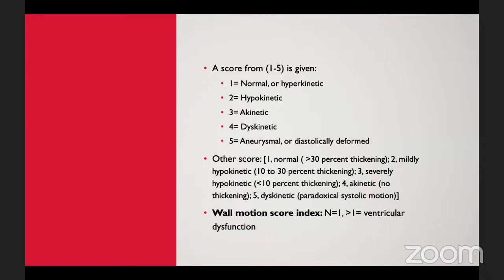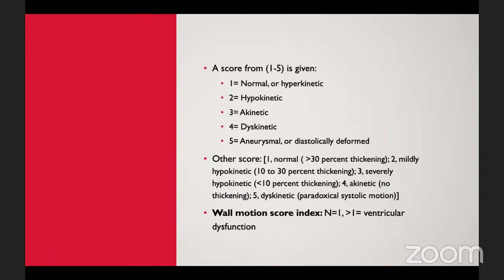They might use the thickness, with the normal one representing more than 30% thickening, and so on. Then at the end, you will sum the scores, and you'll get an index, what's called the wall motion score index. Usually, we have 16 segments. If it's all normal, it will give a 16 over 16, which gives you a 1. So any index more than 1 indicates this patient has a ventricular systolic dysfunction.